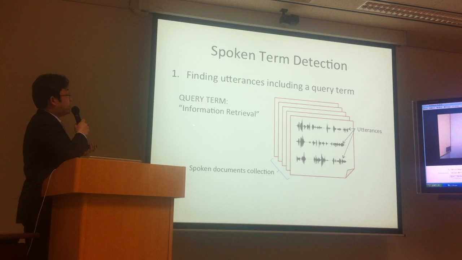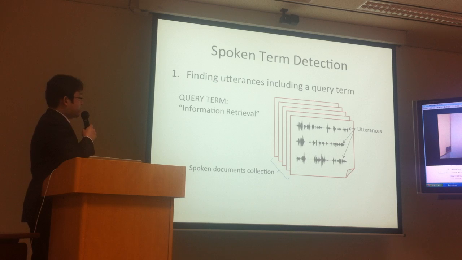One subtask is to find utterances including a query term from a large spoken document collection. This figure shows the spoken document collection, and spoken documents consist of some utterances.